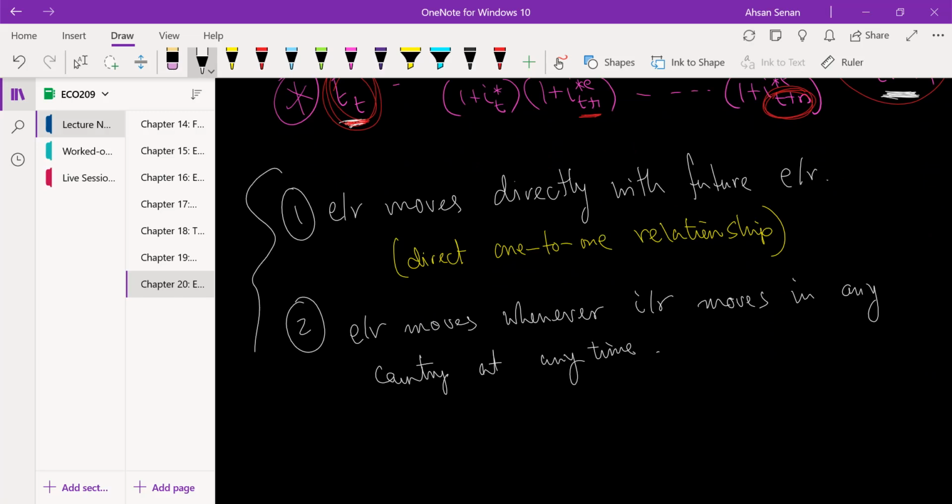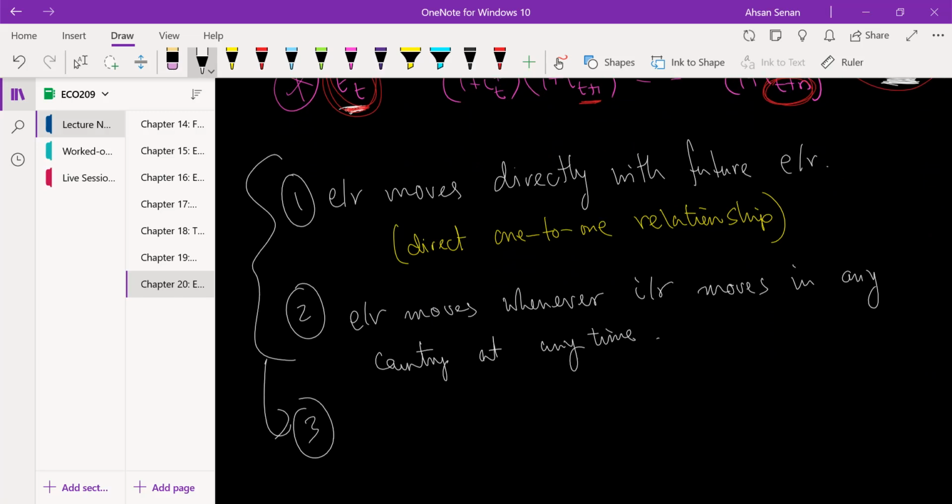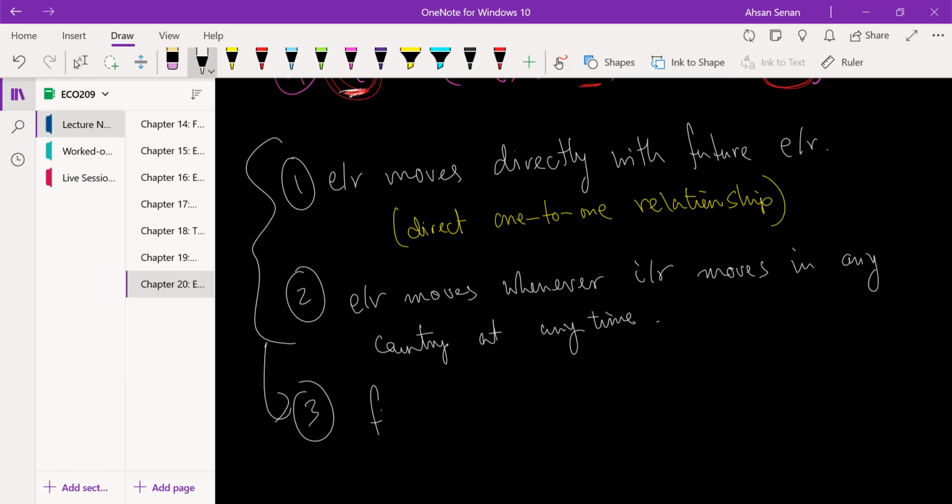And so a combination of these two brings us to the third point, is that flexible exchange rates are extremely volatile.